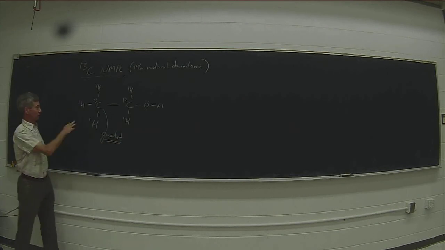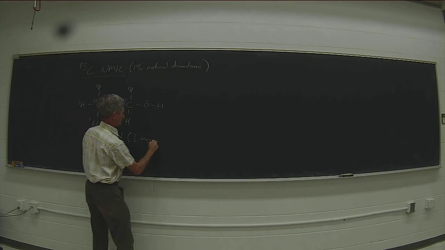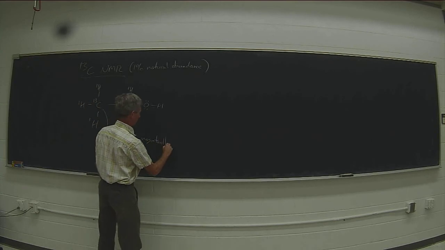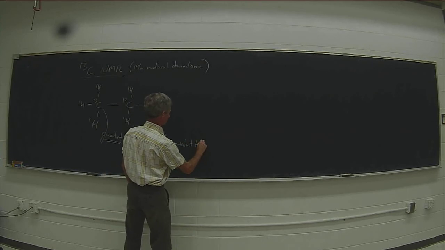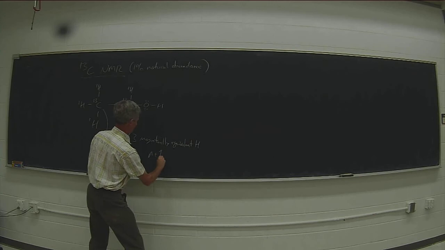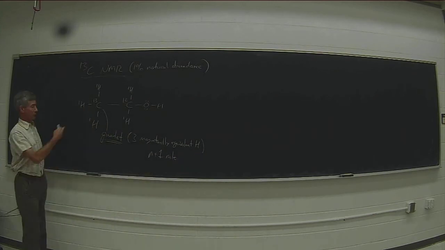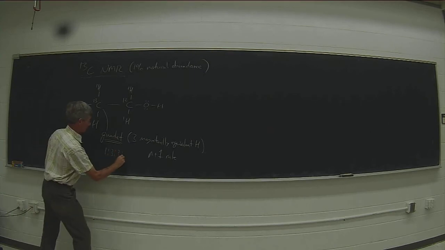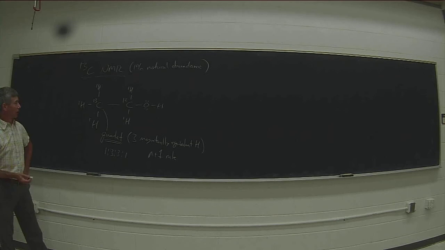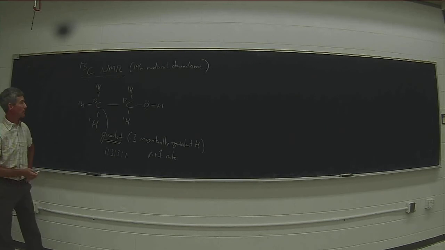3 adjacent hydrogens that are magnetically equivalent would follow the n+1 rule, and we would see 4 peaks, with the same 1 to 3 to 3 to 1 ratio that we saw for a hydrogen that was adjacent to a CH3, for example.